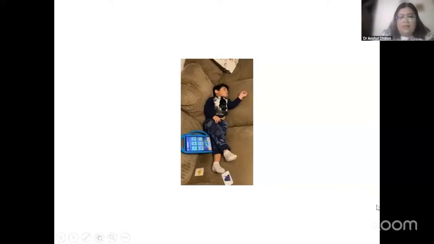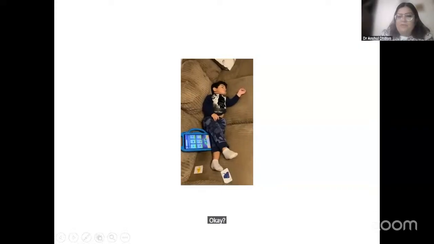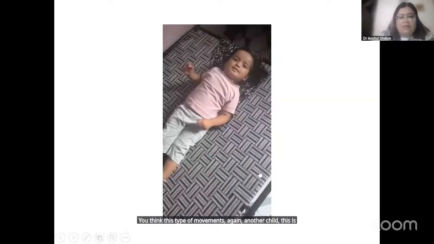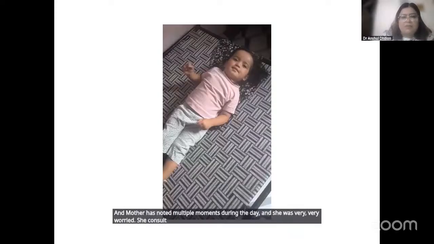So we see this type of movement again in another child. This is a beautiful girl who was lying idle, just playing by herself. Mother has noted multiple movements during the day and she was very worried. She consulted a pediatrician, who shared this video.